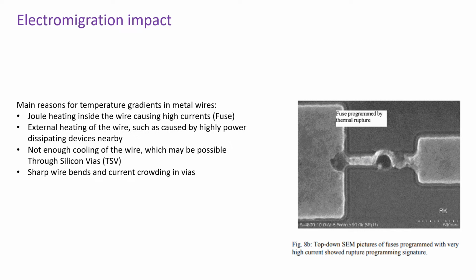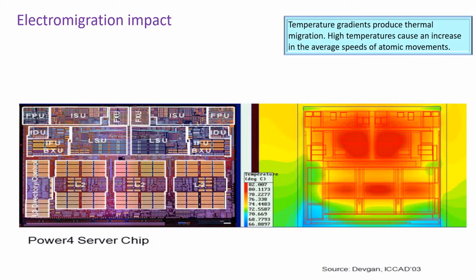In another method, there is external heating of the wire, such as caused by high power dissipating devices nearby. In one example, in the earlier Power 4 server chip, these are the same blocks, and here the temperature profile of the same block is shown.